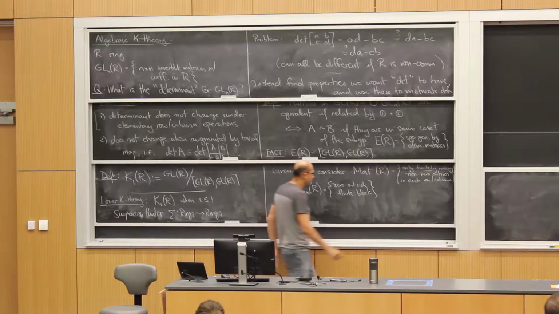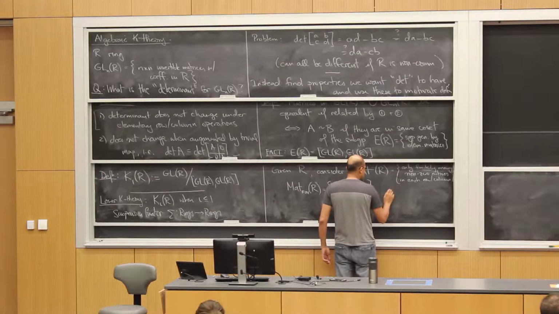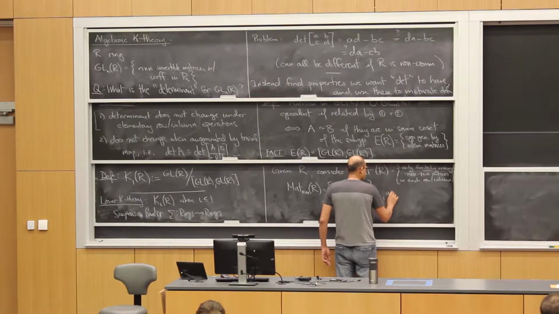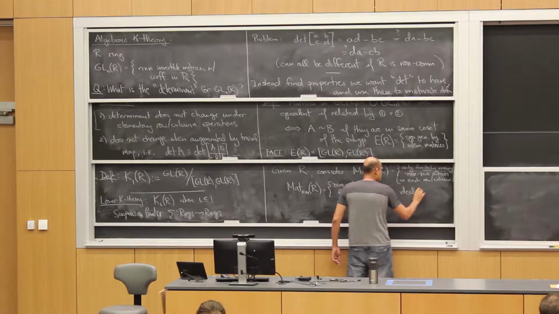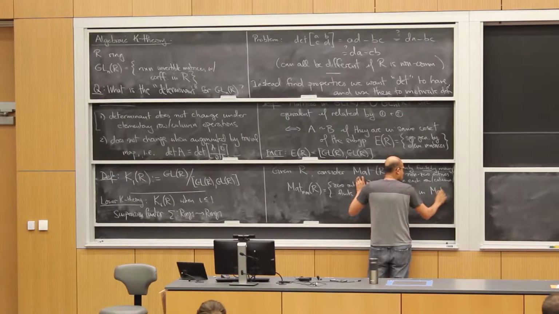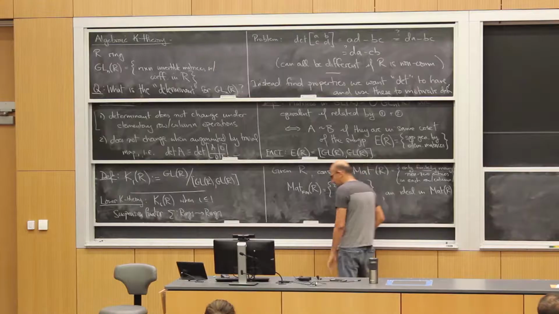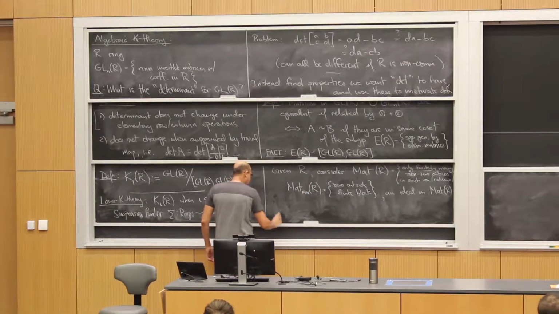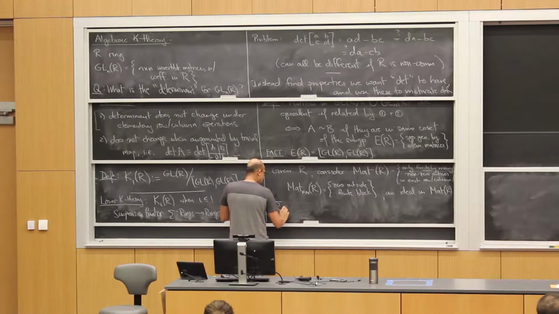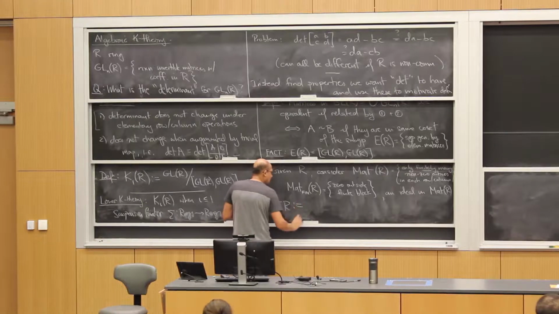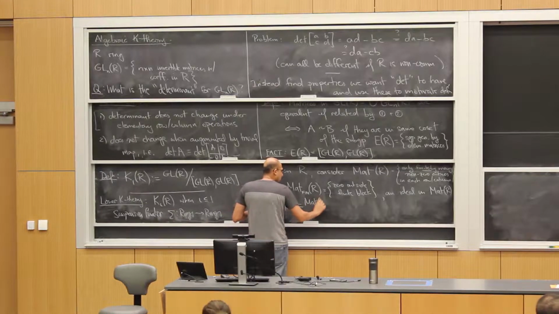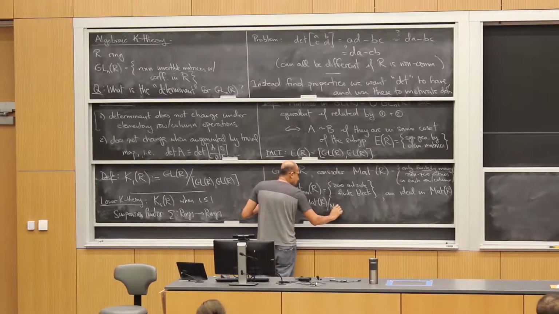So this here is actually an ideal in that collection of matrices, and then you define sigma of R to be this quotient here.